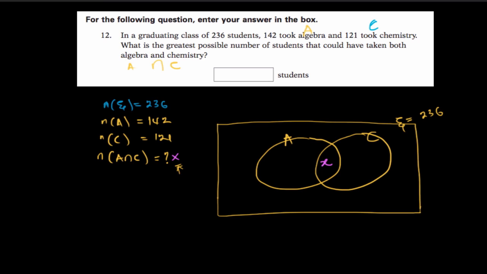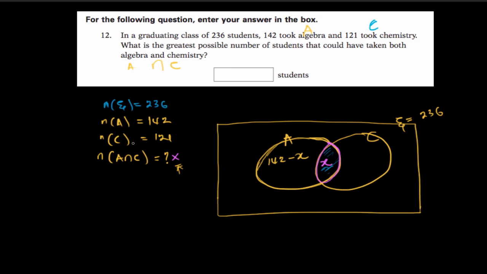Since we have assumed that the area of this part here is X, the area of the remaining part is just going to be 142 minus X. If the whole of this is 142 and part of it is X, then the remaining part is the deduction of X from 142.